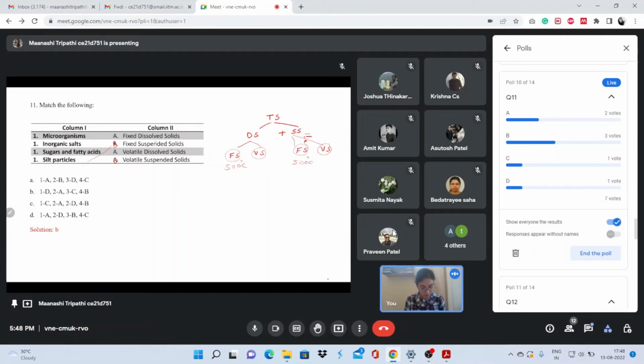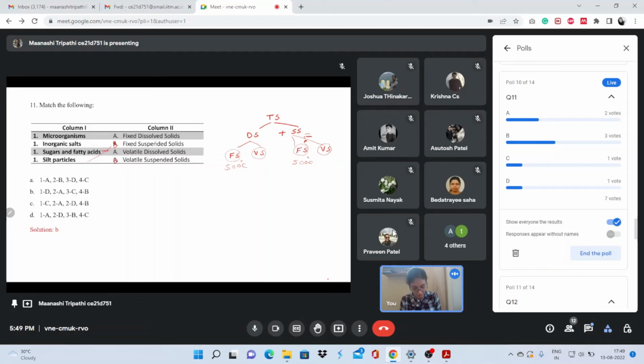Now when you put this at 500 degrees Celsius, what will happen? They will be evaporated. You won't find a trace at that high temperature. So that is why C will go with 3.